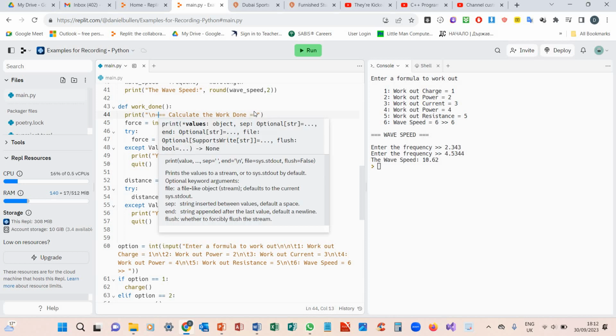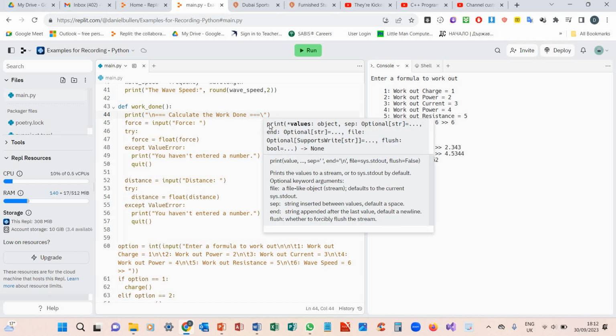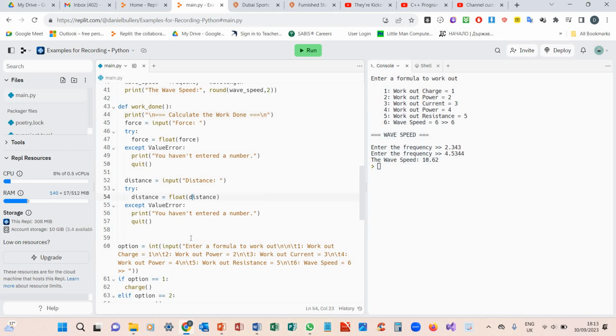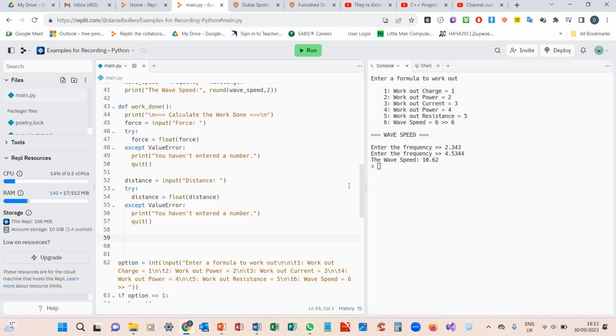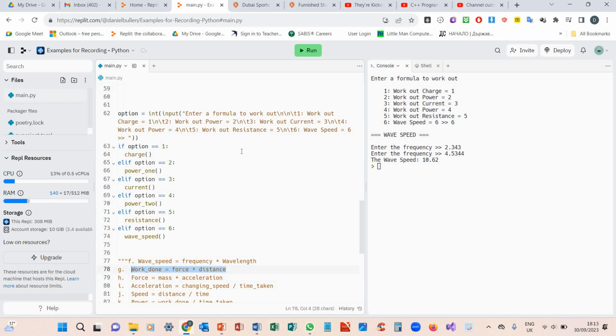So the way we do exception handling, okay, so you would input something, you're going to see if it's a float, and if it's not, so you're going to try it as a float, and if it doesn't work, we say we haven't entered a number and we quit, and then we do the distance, same with the distance, and then once we've done that, we are going to do work done is force by distance.